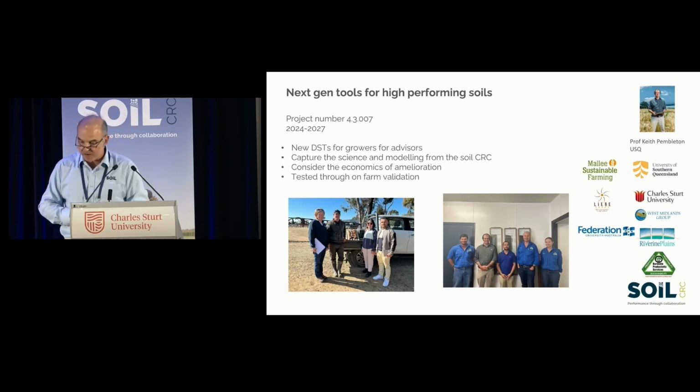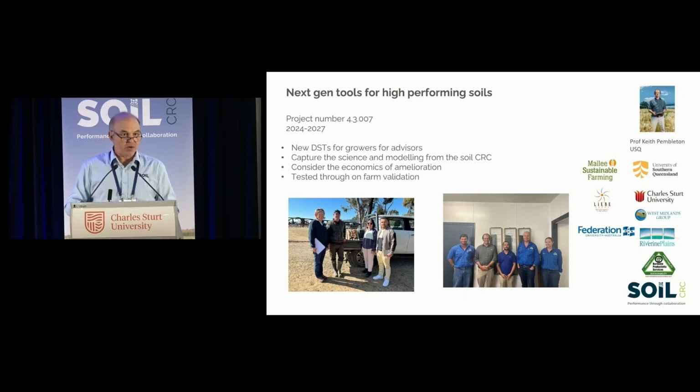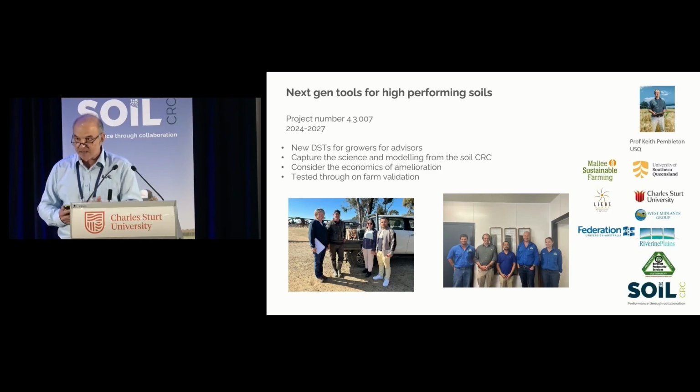in Output 3, which is around the development of a next-gen tool. So we're getting all this information put together, and I think this has just been contracted with this project, all this information from our field sites and other field sites around the country that the team can access data from. And we're co-designing the interface of this tool to basically diagnose the soil constraint and what you do with it.